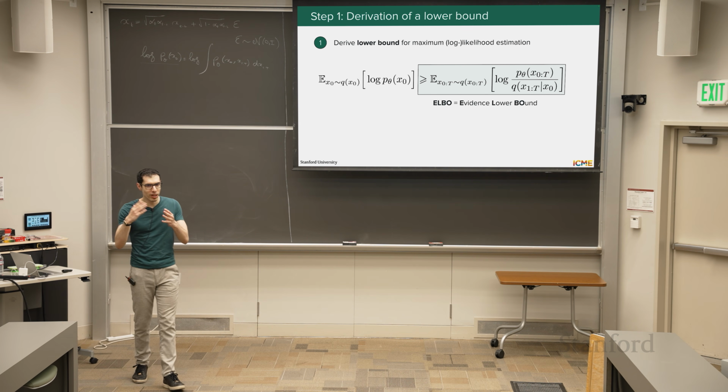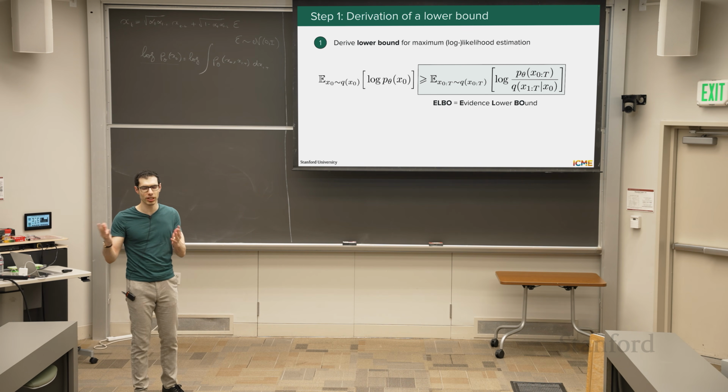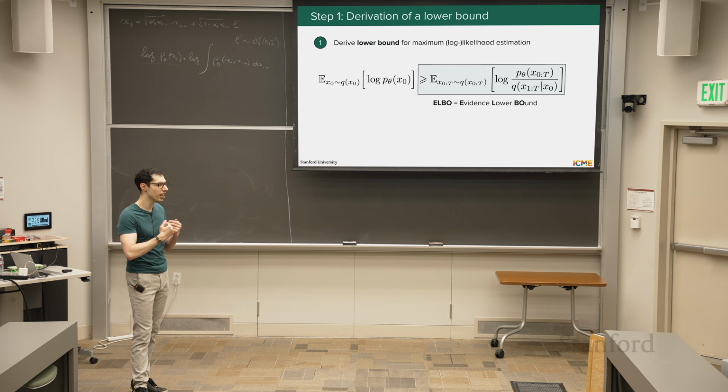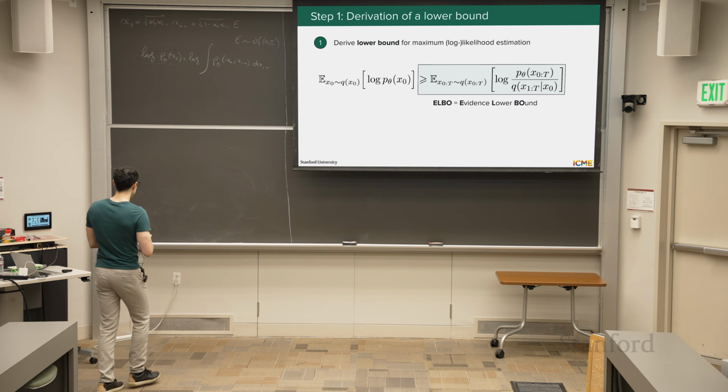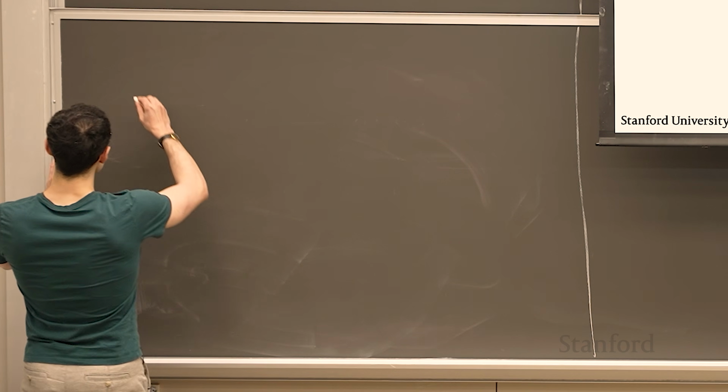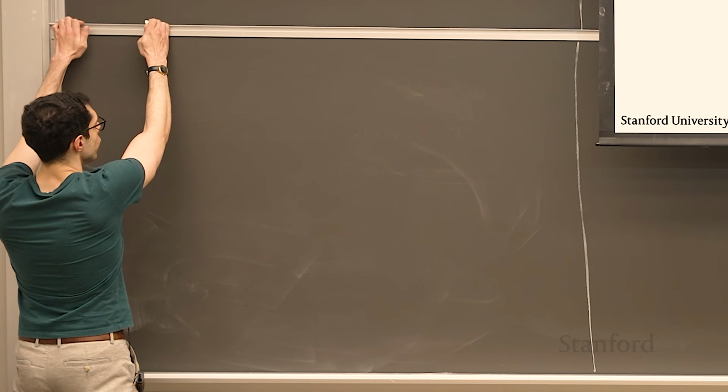We want to involve Q in some way because we know what Q is. Q is this forward process that we have defined. When we do the noise schedule, this beta t, alpha t, we know that. So what we want to do is to express that as a function of Q.